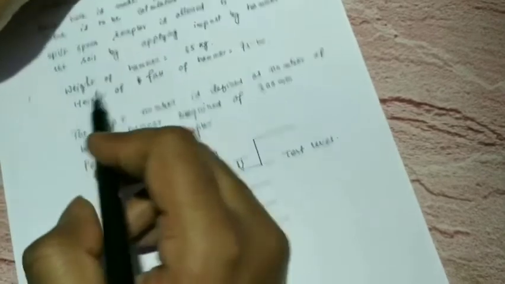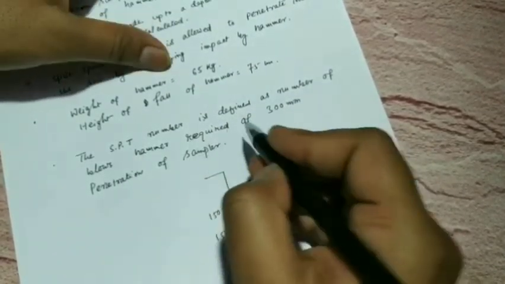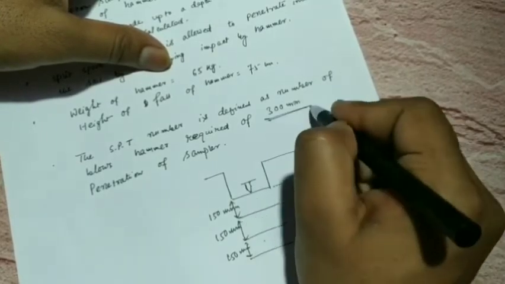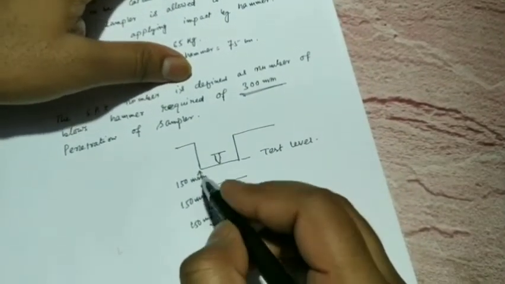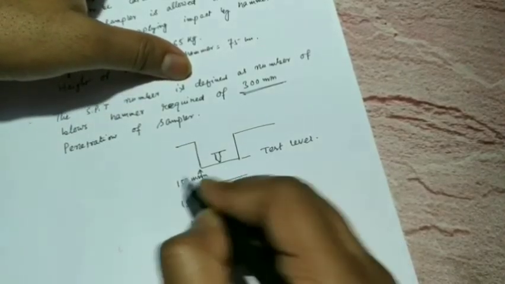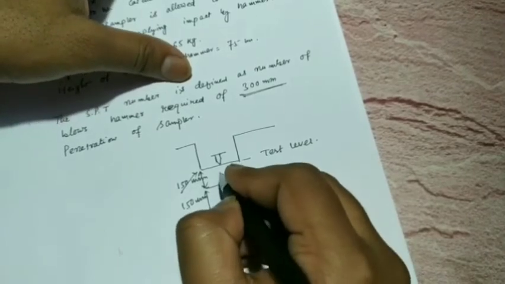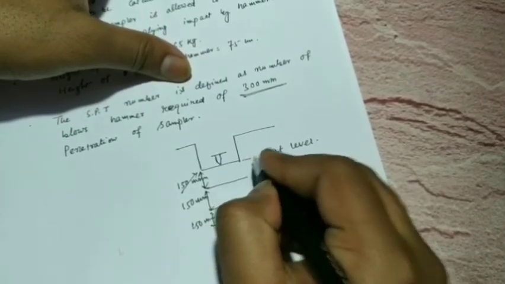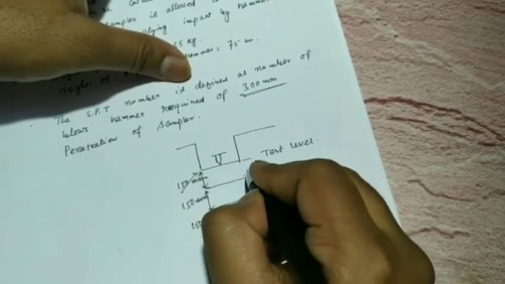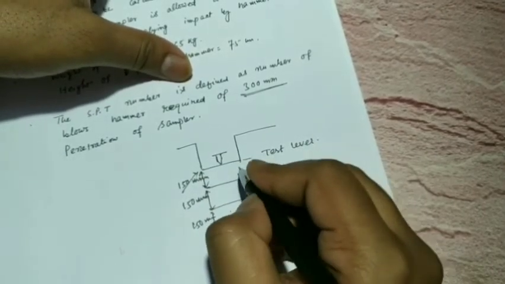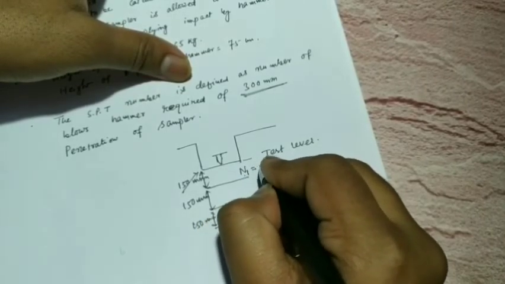So as I told you, the SPT number is defined as number of blows of hammer required for 300 mm penetration. So the first 150 mm penetration is ignored, it will not be considered. Whatever blows required for first 150 mm penetration, we have to ignore it. Suppose for first 150 mm penetration N value is 20.